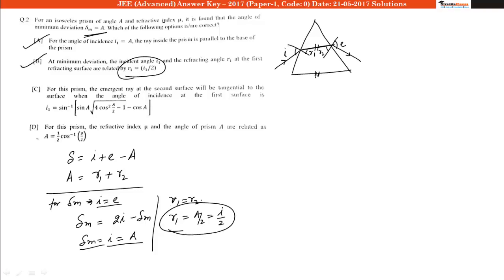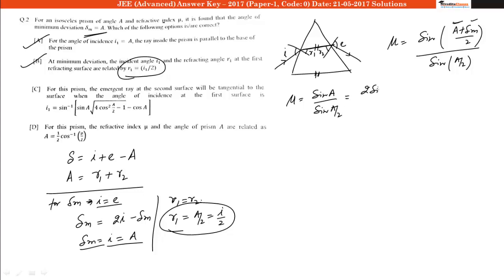Now let's see what option D says. In case of minimum deviation, we can write that mu is equal to sine of (A plus minimum deviation) divided by 2, divided by sine A by 2. As A and minimum deviation are both the same, it becomes 2A divided by 2, which is A. So it becomes sine A divided by sine A by 2, or 2 sine A by 2 cos A by 2 divided by sine A by 2.